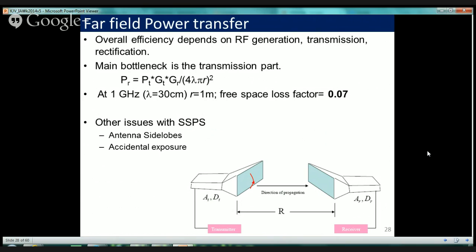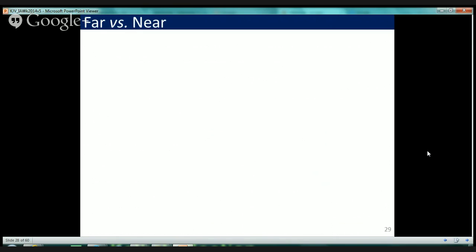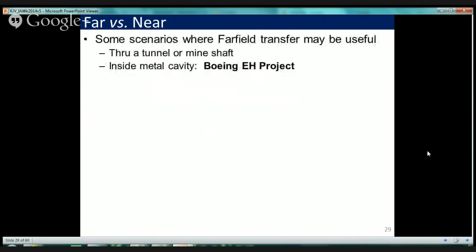There are several other issues with respect to large distance power transfer. But interestingly, there are some possibilities in which we could actually use it. For example, if you have a mine shaft or a tunnel, you could actually do it like in a waveguide situation.